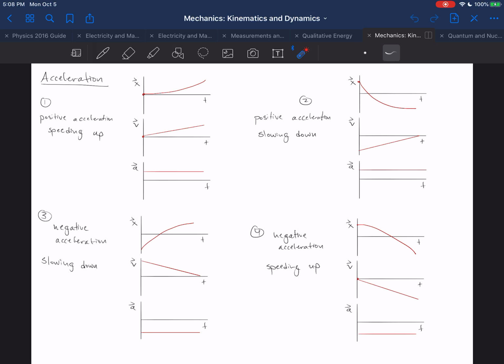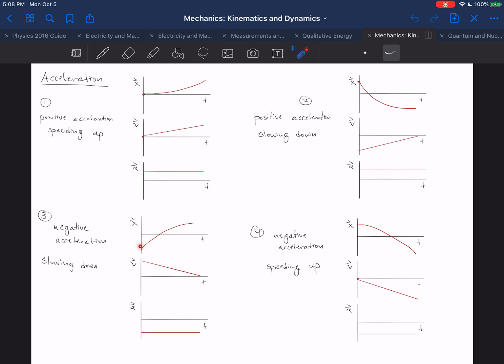Negative acceleration, on the other hand, means that the acceleration is below the t-axis, and therefore the slope of that velocity time graph is negative. What a negative acceleration means for a position time graph is just that it's going to curve as if it's going downward.